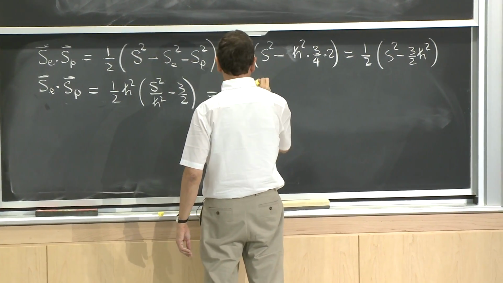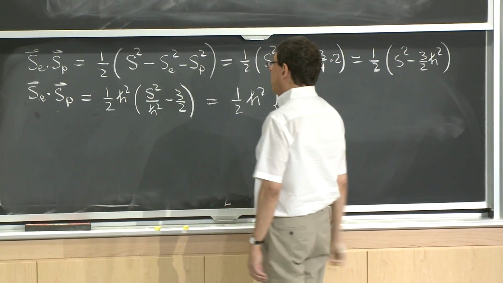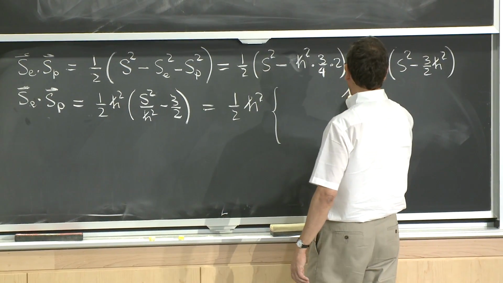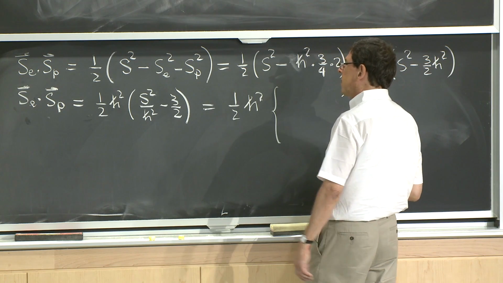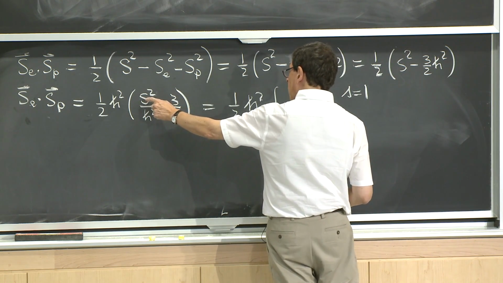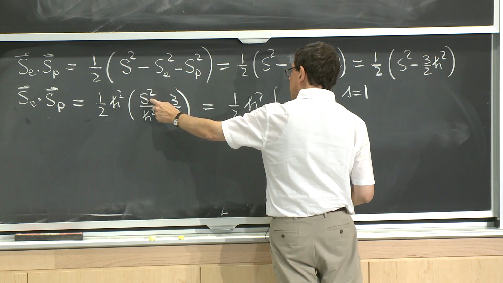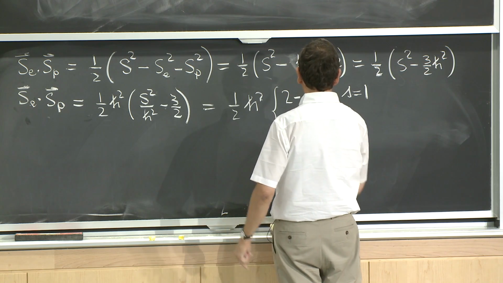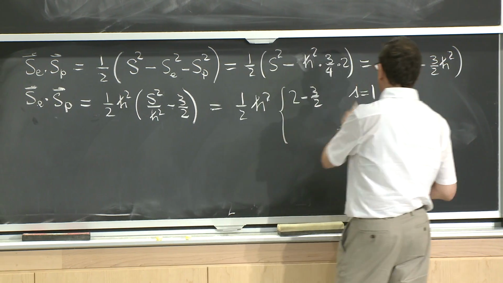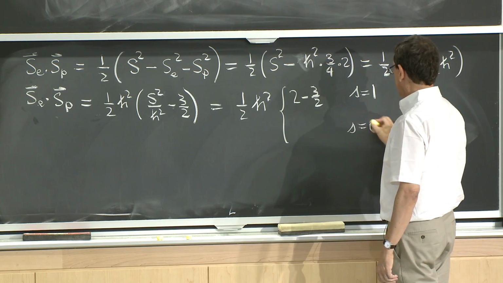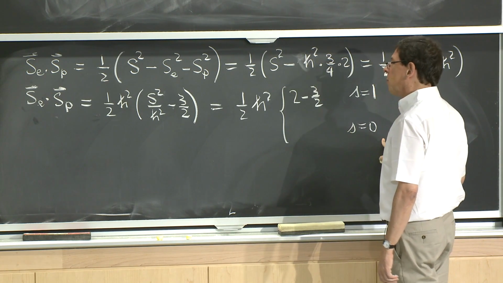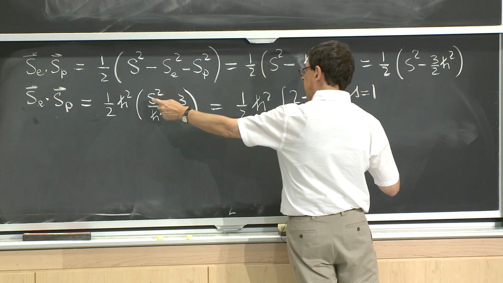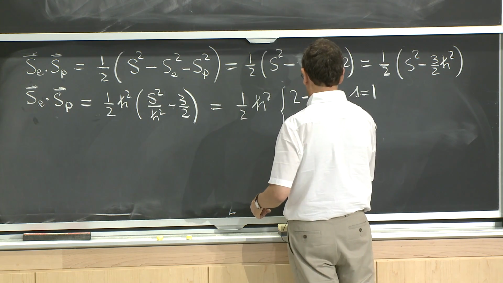1/2 ħ squared. If I'm looking at the triplet at S equals 1, you would have here 1 times 2 times ħ squared, so it's just 2 minus 3/2. And if I'm looking at the singlet, these are 3 states and 1 state, S is 0, so minus 3/2.